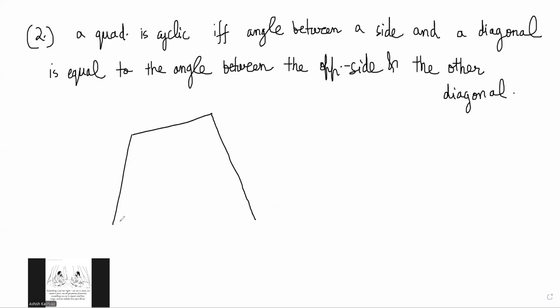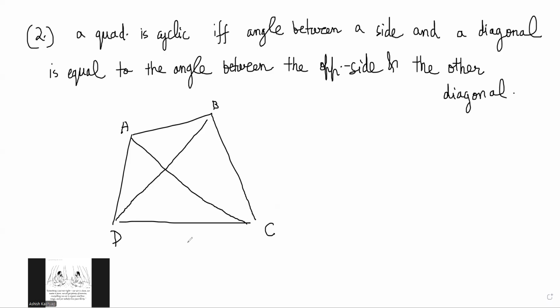So let's say we have a figure like this: A, B, C, D. Let's draw the diagonals. Let's say our first side is CD, first diagonal is BD. So the angle here is this theta, the angle between a side and a diagonal.